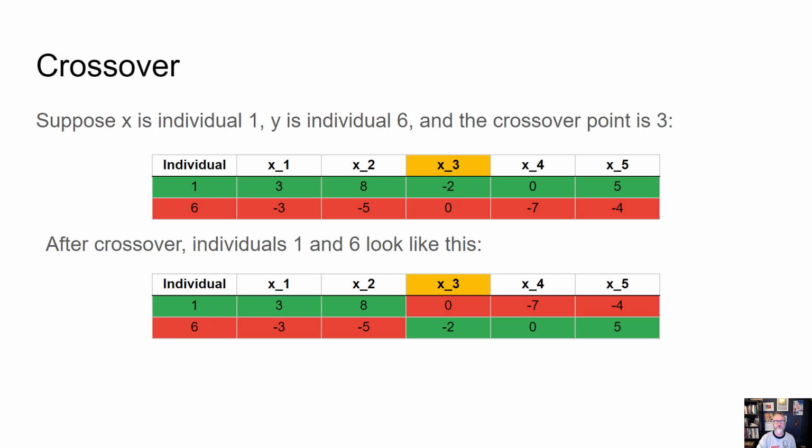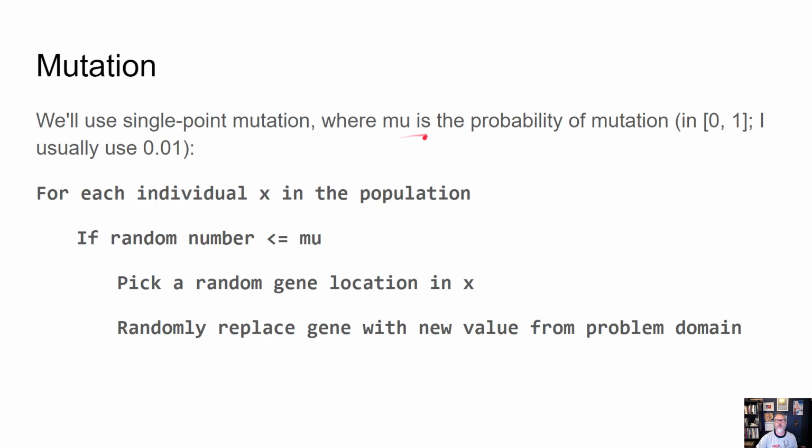Mutation then is also what we call single point mutation, and the parameter there is mu. That's the probability of mutation, so that's also a number between 0 and 1, and I usually use a very small value of mu, 0.01, so there's only a 1 in 100 chance that you're going to undergo mutation. So for every individual in the population, we generate a random number between 0 and 1.